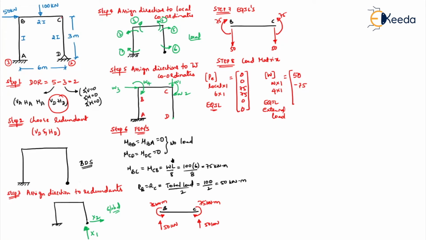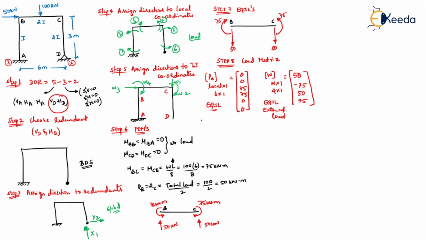Here there is no movement, so nothing will come. Then third one, W3 is what? A rightward force at B. Here there is no rightward force, but here you have an external load of 50, which is rightward, so positive. Coming to the last one, clockwise movement at B. This is also clockwise movement. Here there is no external movement. So this will be your W coordinate.